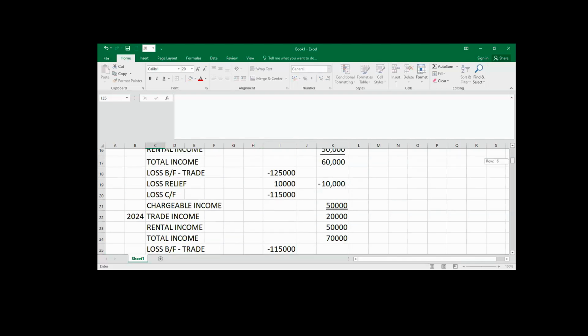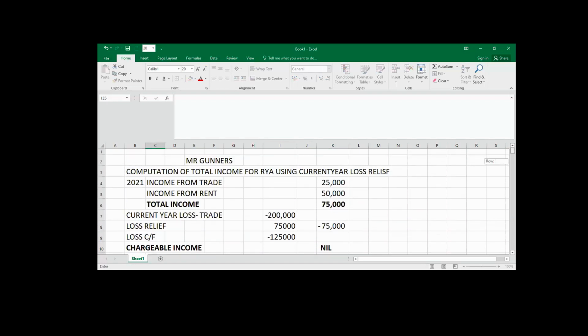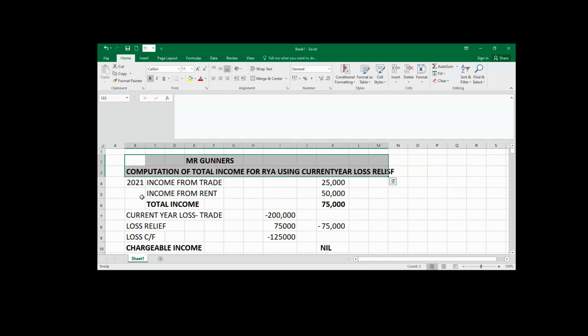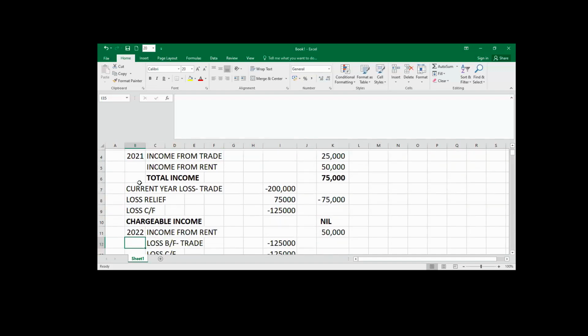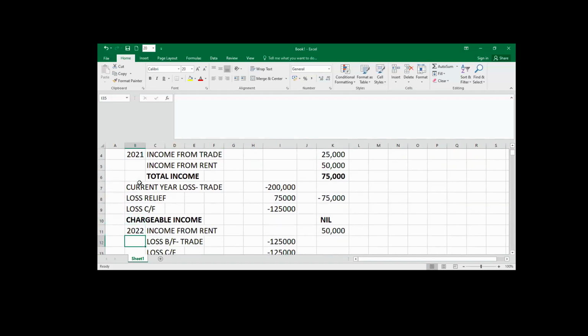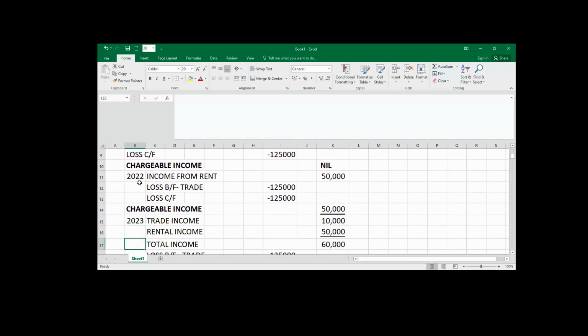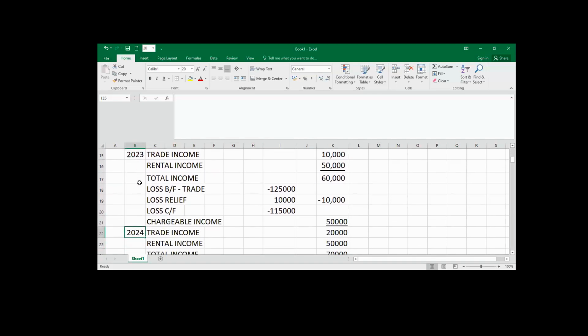We go back to what I told us earlier: an individual has only how many times to relieve his loss? Who can remind us? Yes, 4 times. So the first is 2022, the second is 2023, the third is 2024, and the fourth.